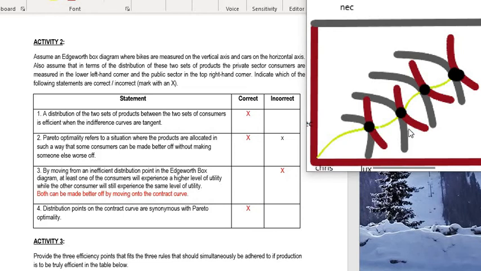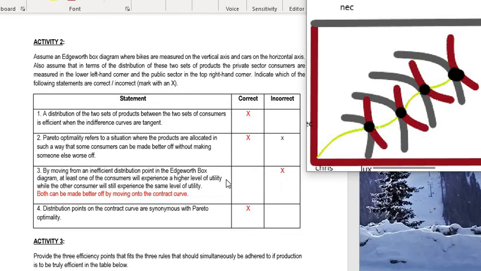So basically, they're asking, by moving from, remember that point A that we had identified, one person will be better off and the other person will receive the same total utility. And because at this floating point here, no one was even good, by moving here, they both will be better off by moving to a point on the contract curve. So that's why this one is also incorrect.